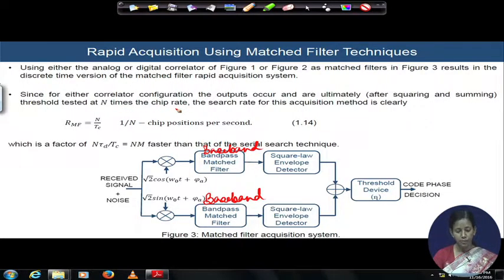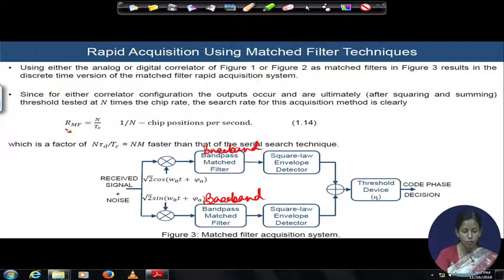That is the rate at which the acquisition decision is taken, the N times the chip rate. Because you have done the sampling in that fashion, all the processing is going on at the 1 by capital N Tc rate.